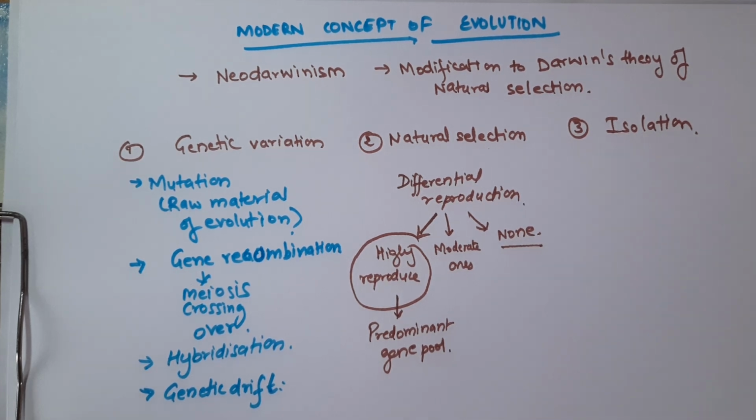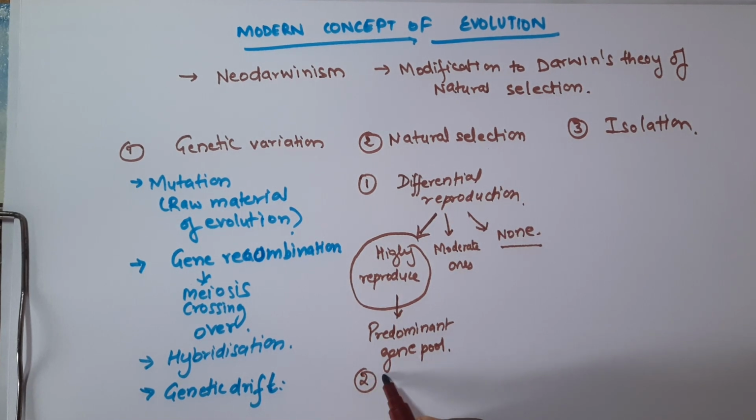So natural selection occurs through the process of differential reproduction in successive generations.